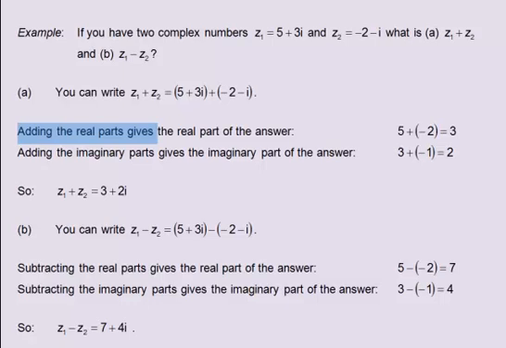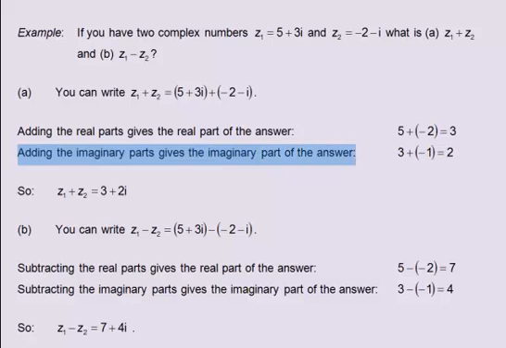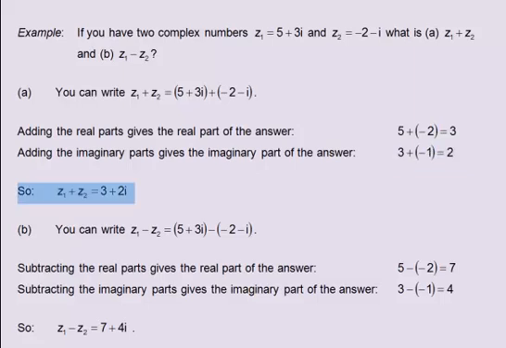Adding the real parts gives the real part of the answer. 5 plus minus 2 equals 3. Adding the imaginary parts gives the imaginary part of the answer. 3 plus minus 1 equals 2. So, z1 plus z2 equals 3 plus 2i.